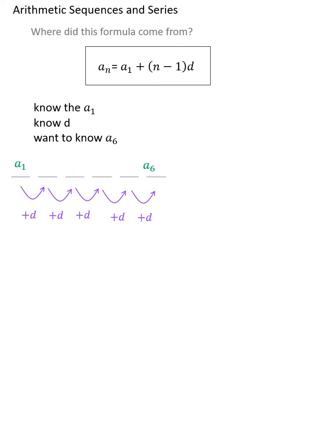The question now is, how many times do you have to add the common difference, d, to get from the first term to the 6th term? Well, the answer, of course, is 5 times, which can be represented algebraically this way. Read as the 6th term is equal to the first term plus 5 times the common difference.